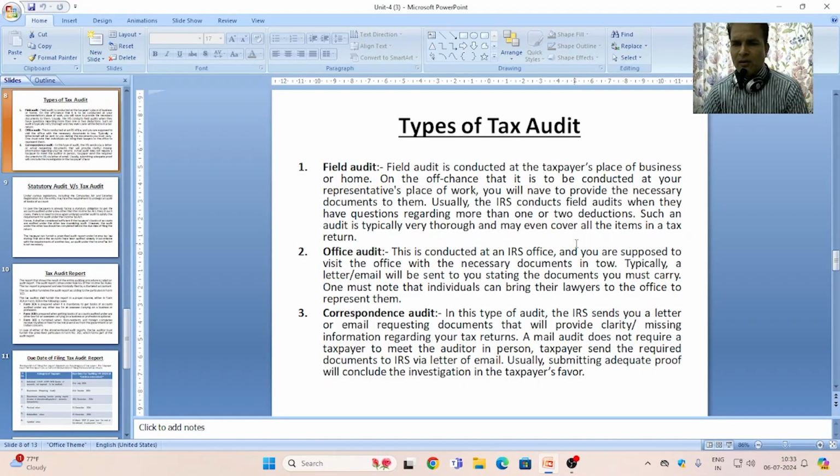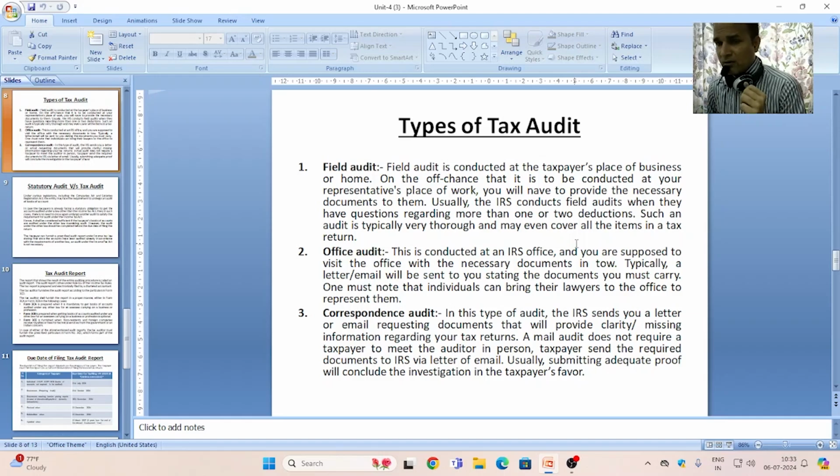Field audit is conducted at the taxpayer's place of business or home, meaning where the SSC is carrying on his business. Prima facie, it will be conducted at the office where the books of accounts are kept, simply the registered office.